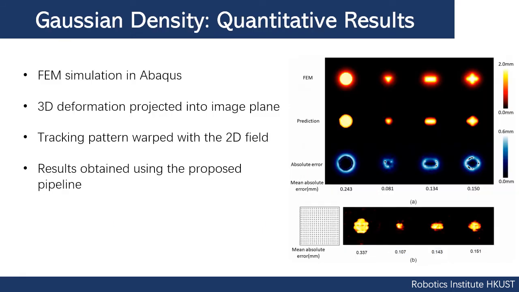We also have quantitative results with the help of the finite element method. We do an FEM simulation in Abaqus, and the 3D deformation from Abaqus is projected into the image plane using the calibrated camera model. The tracking pattern is then warped using this 2D optical flow field, and then we pass these synthesized images to our proposed pipeline to obtain an estimate of the contact depth.